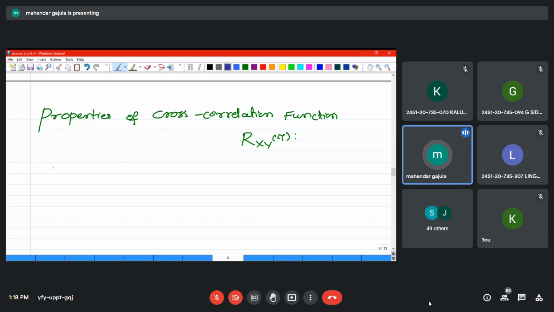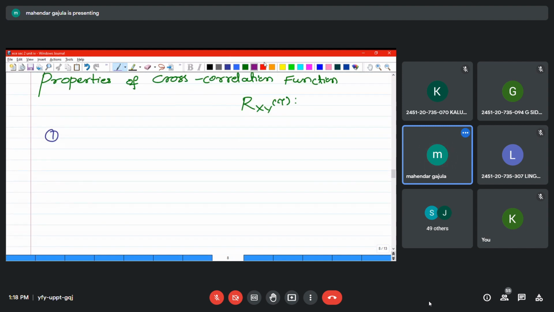So the first property: Rxy of minus tau is equal to Ryx of tau. This one we have to prove.